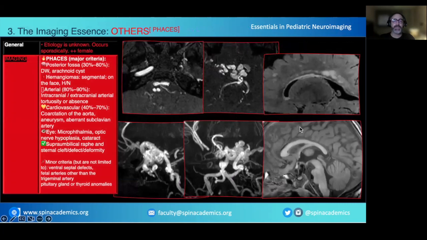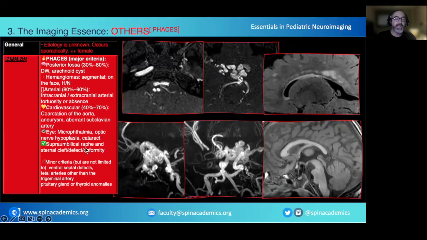So others, the rare ones, and I started with PHACES syndrome, of which the etiology is unknown, occurs sporadically, and is very, very typical in females. So almost all the cases we see are females.